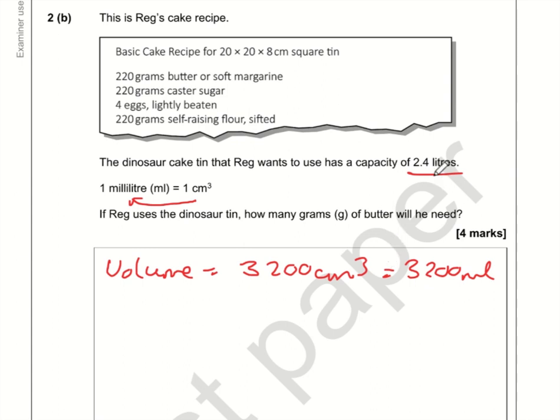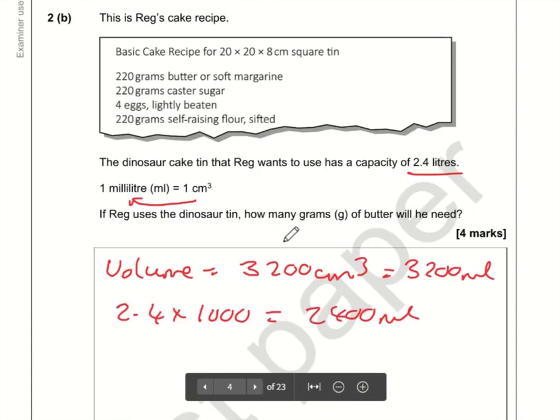Actually, I'm not. I'm going to convert 2.4 litres into millilitres. So 2.4, remember there are 1,000 millilitres in a litre, so multiply that by 1,000 is 2,400. I could have converted the 3,200 to make it 3.2 litres, but this way it will make the next part of the working out a little bit easier.